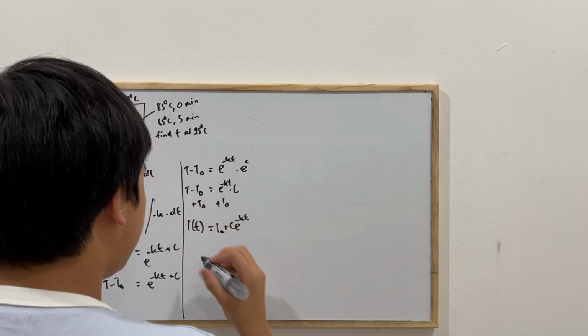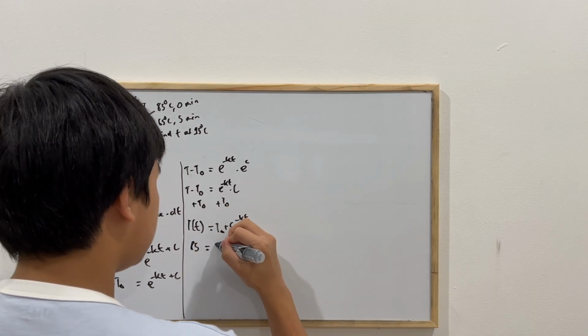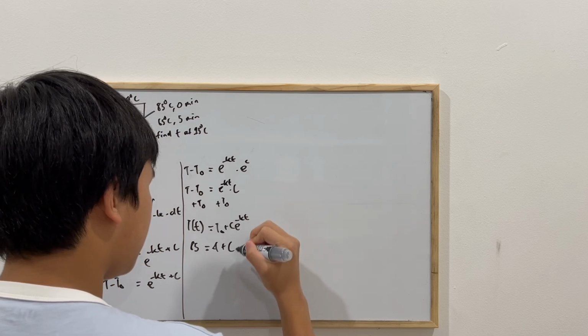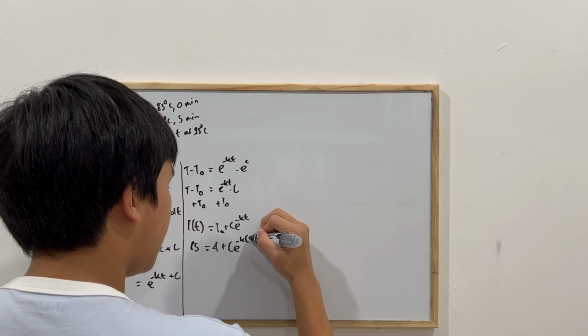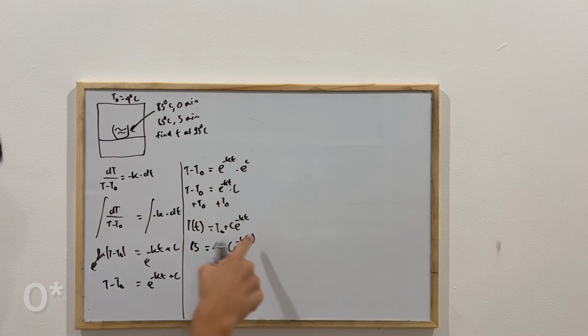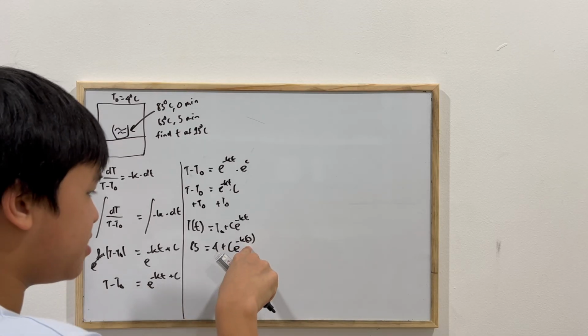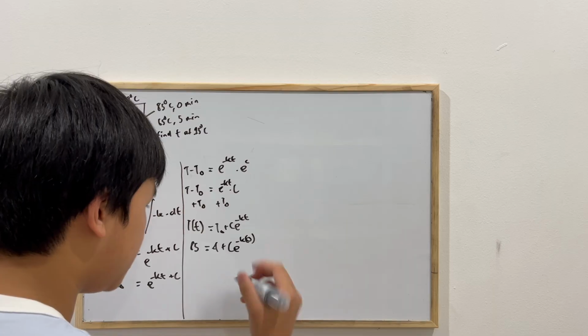So let's plug in our initial conditions. T of t is 85, and T0 is 4, plus some constant c times e to the negative k times t, and our t is going to be 0 because it's 0 minutes. Since this is multiplying by 0, that's just going to be 0, and e to the power of 0 is just going to be 1.